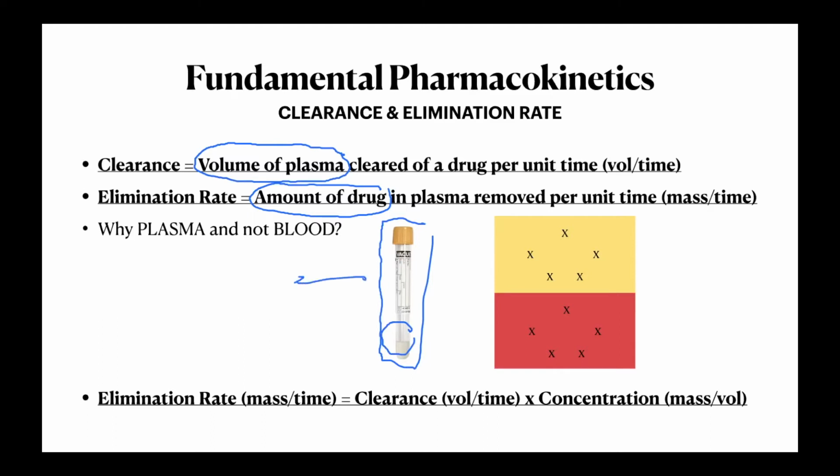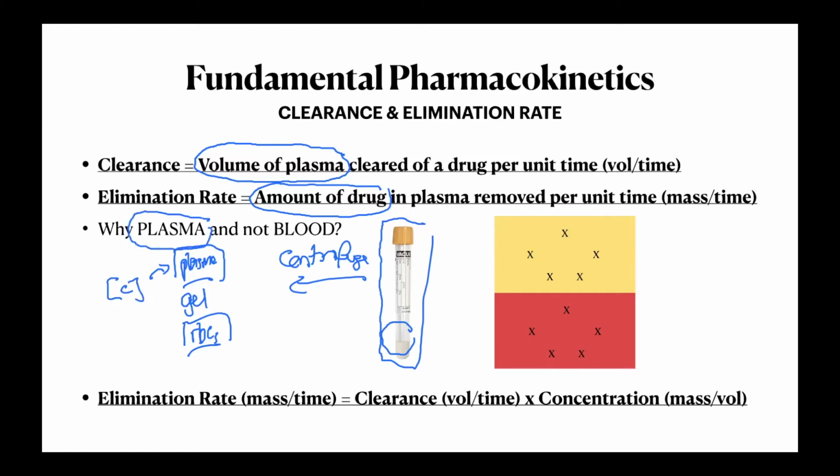After you get this down to pathology, it gets centrifuged and it gets split into plasma, with the gel here as a separator, and then after that you've got your red blood cells. And what the pathology does is measure the concentration of the drug in plasma, which is why these definitions exist for plasma.